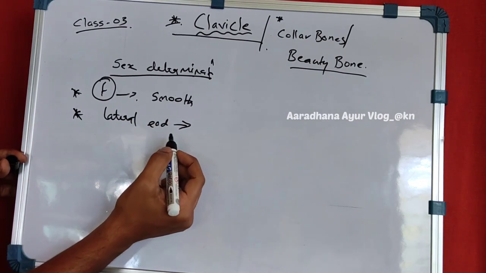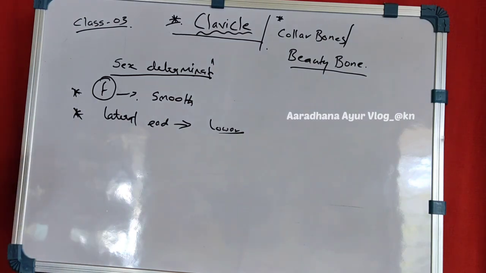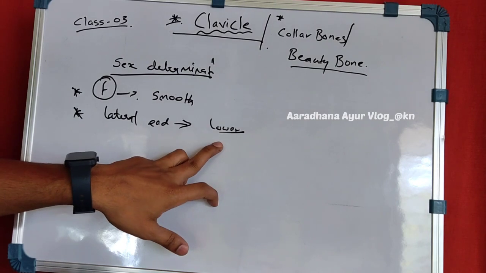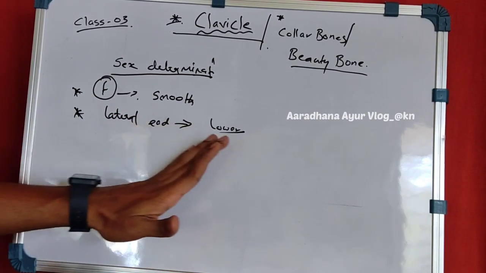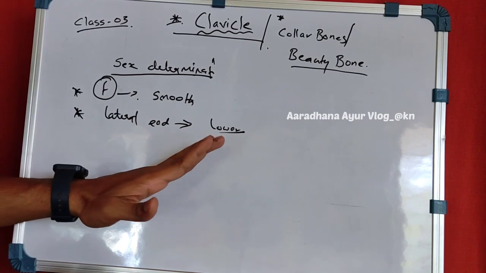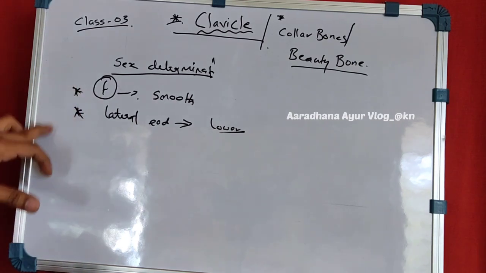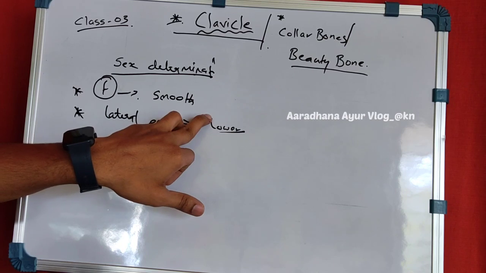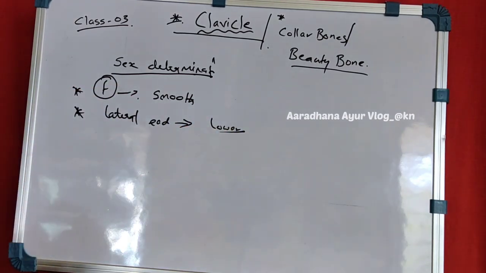In females, the lateral end is lower than the medial end, compared to the male clavicle. So these are the 2 points which you have to see: in female the surface will be smooth, and the lateral end will be lower than the medial end.